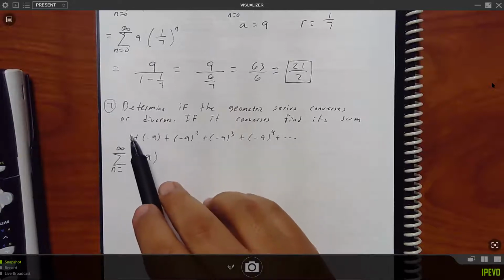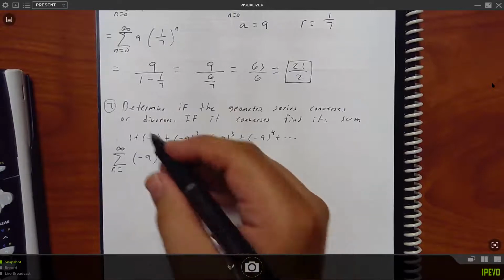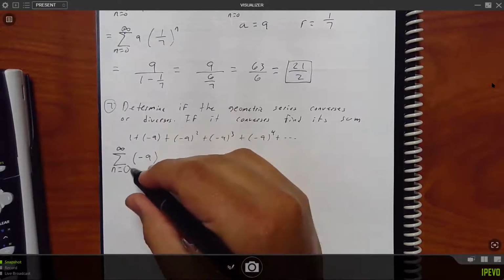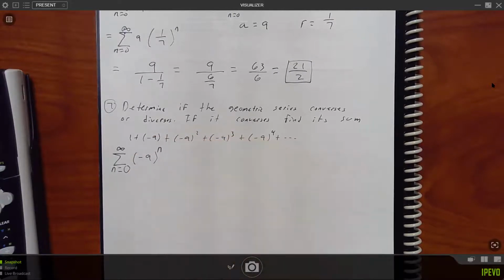So what is this first one going to be? Yeah, it has to be 0, right? Because anything to the 0 will give me a 1. That means this has to be the power. That makes sense? And -9 to the 0 will be 1. -9 to the 1 is -9. -9 to the 2 is etc.